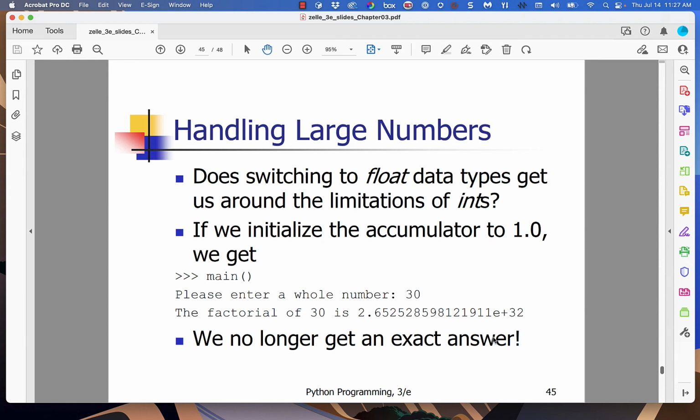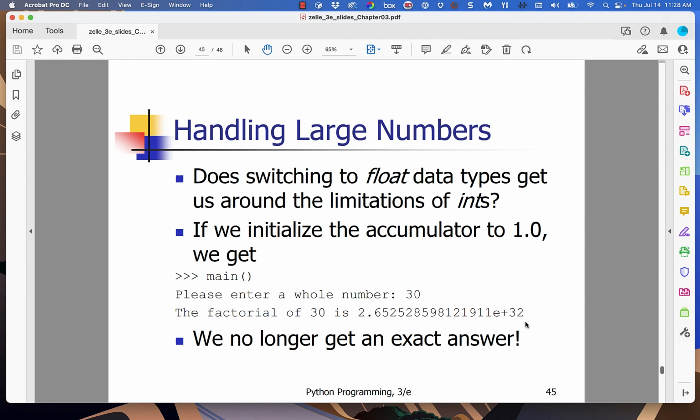They can represent a very large value because they work kind of like scientific notation: we have a value, and then we have an exponent. This allows us to represent very small and very large values, but they're approximations. So with large ints, let Python have its way.